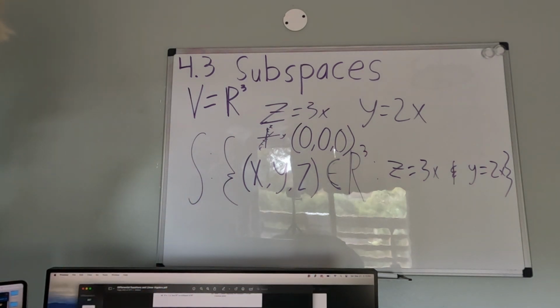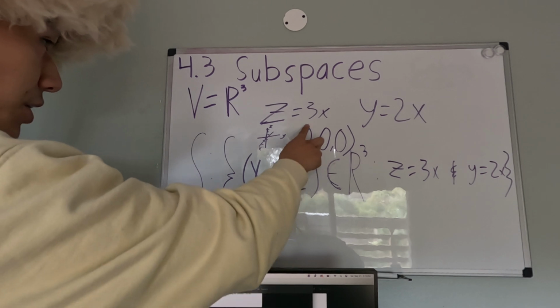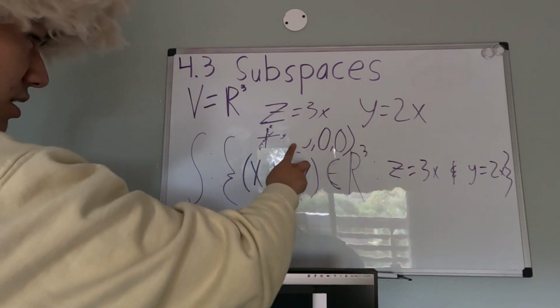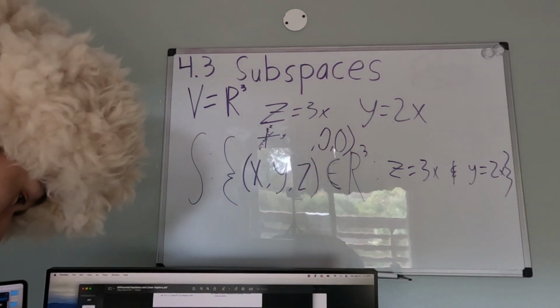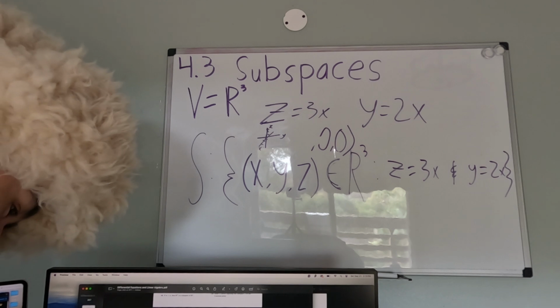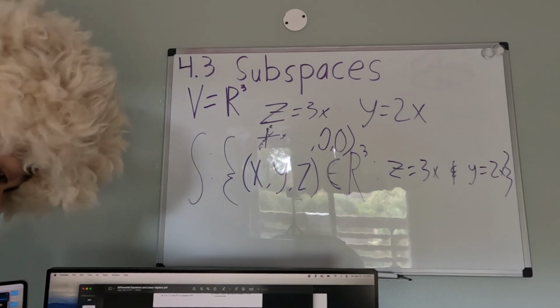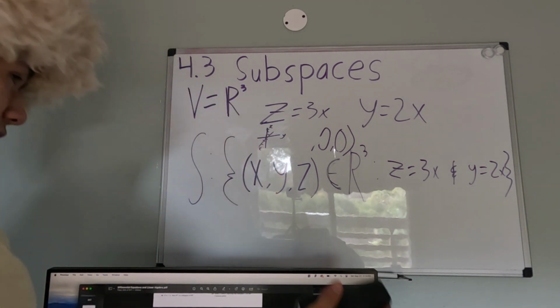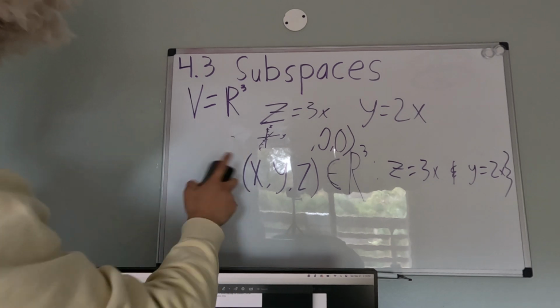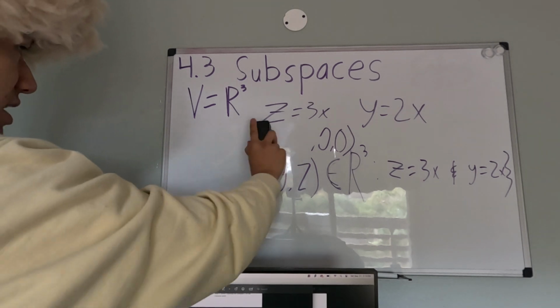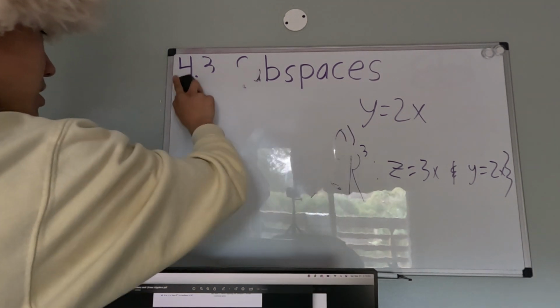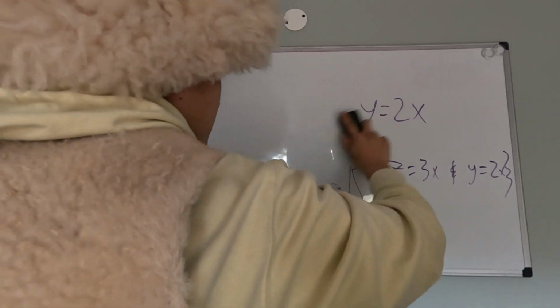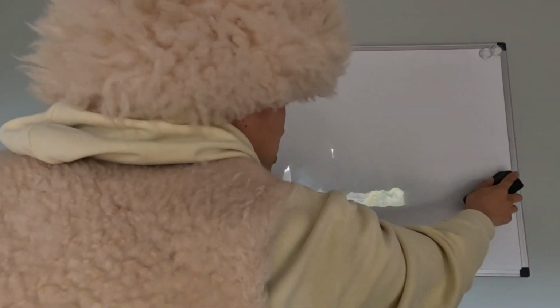We also have to check if the subspace is closed under the operations of addition and scalar multiplication in V. So now that you've seen the set notation for that, we can erase all this so we have more space.